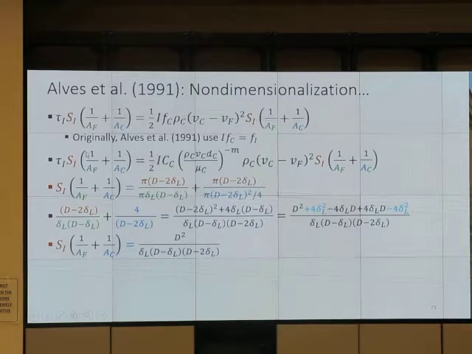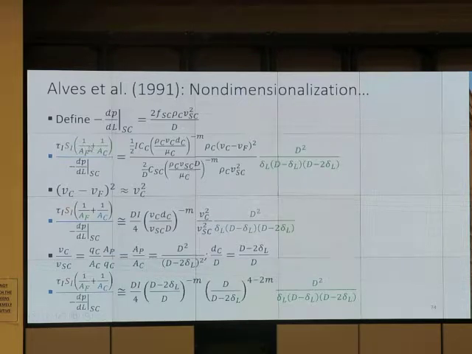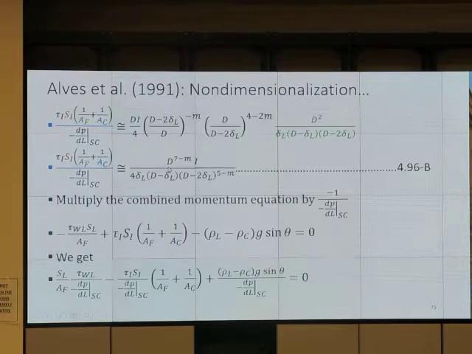Once you do the scaling, delta tilde is delta over diameter, so we scale the film thickness with the diameter. Eventually, we get a dimensionless equation. Is this equation dimensionless yet? Is it?